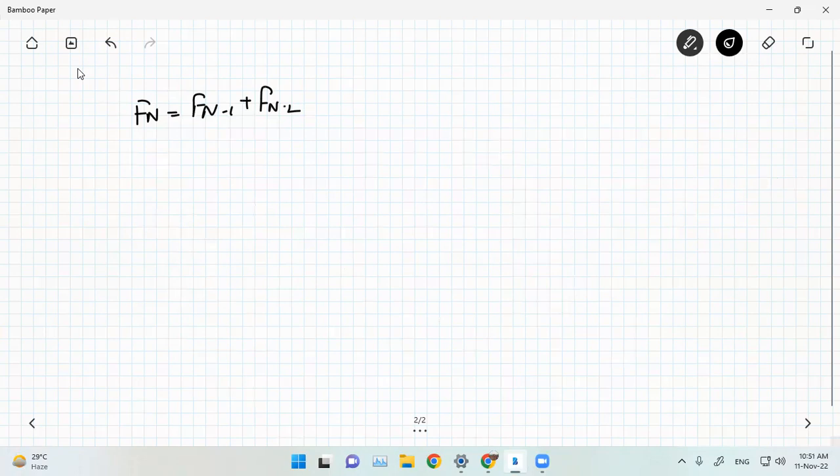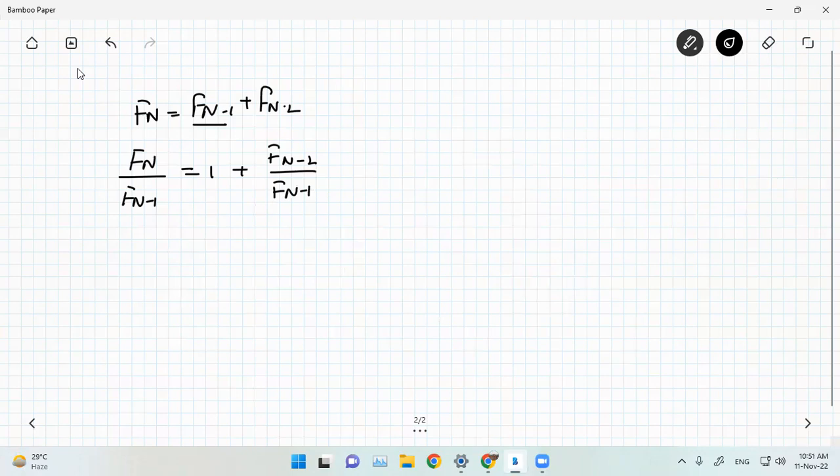Now if you divide both sides by Fn minus 1, the middle one, we get Fn by Fn minus 1 equal to 1 plus Fn minus 2 by Fn minus 1.